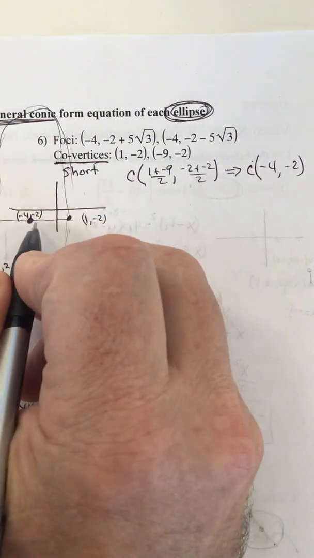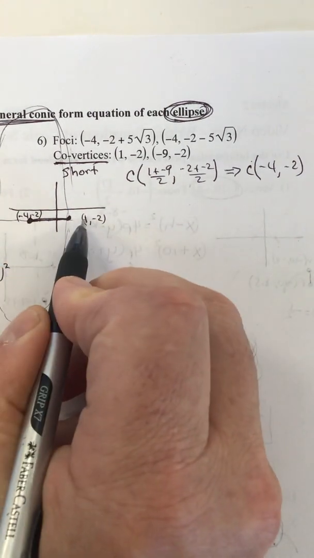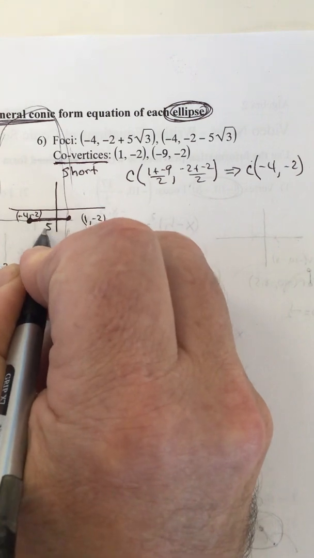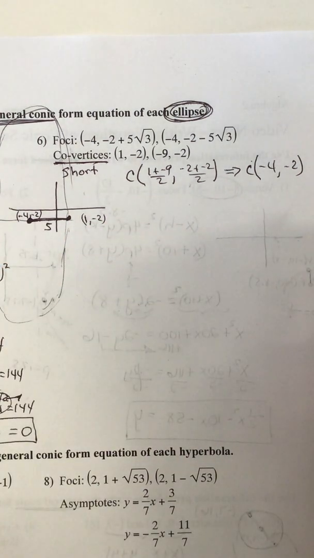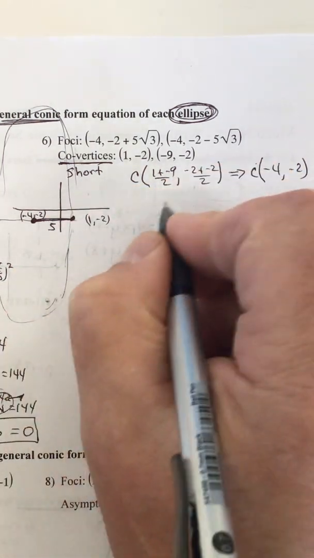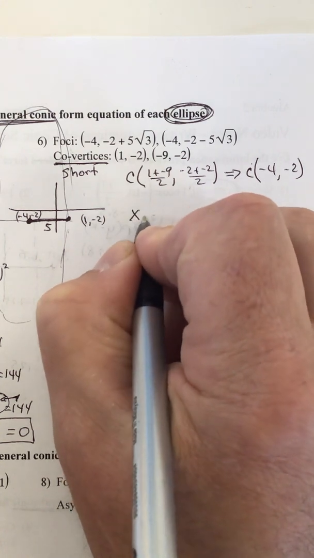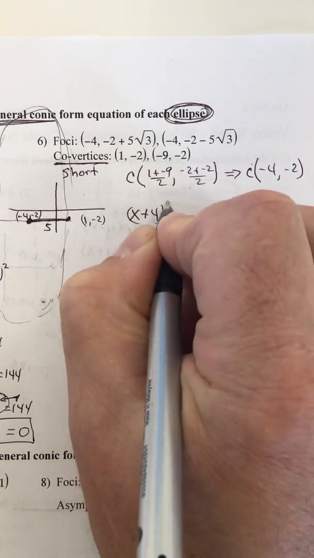Negative 4, negative 2. So that gives us some things. That gives us this distance right here. If this one's at negative 4 and this one's at positive 1, that must mean that distance is 5. Okay, that's the B distance. Let's go ahead and start writing some of this down since we have the center. I have x plus 4 all squared over something, which I already know what it is.